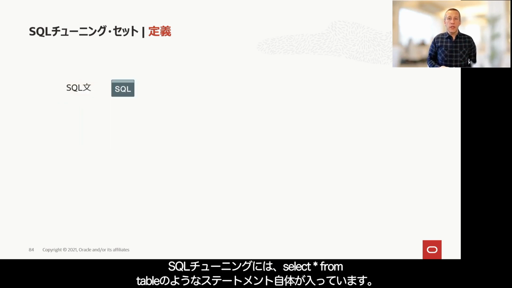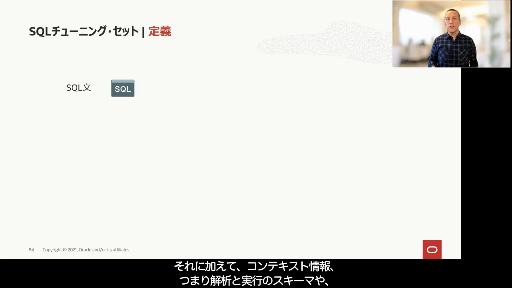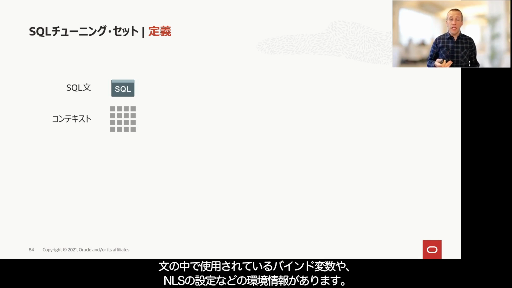In a SQL tuning set, we have the statement itself. Select something from a table. In addition, we have context information, which is the parsing and executing schema. What are the bind variables that were used in the statement? And environment information like NLS settings.